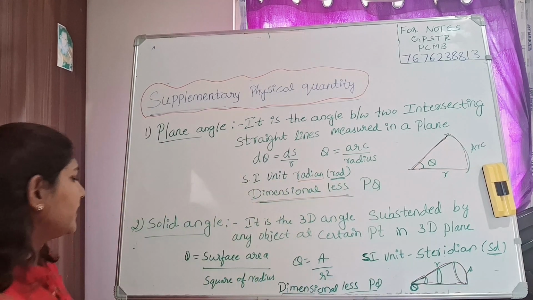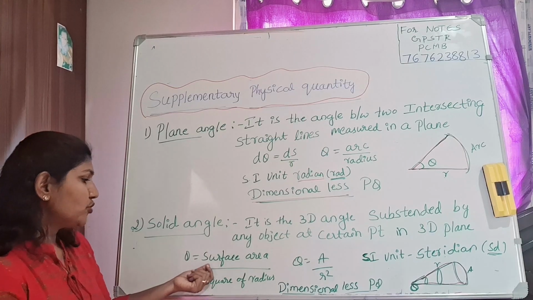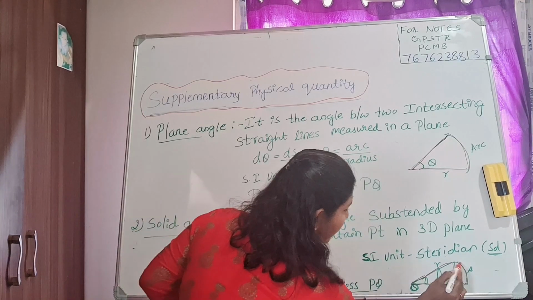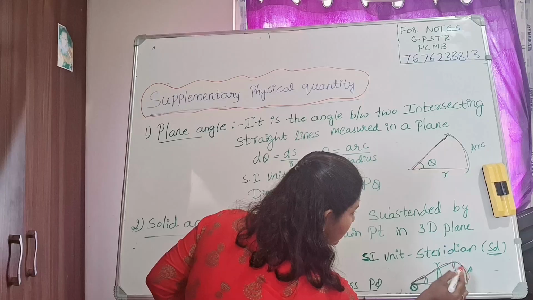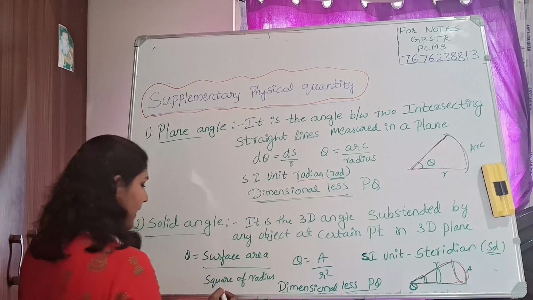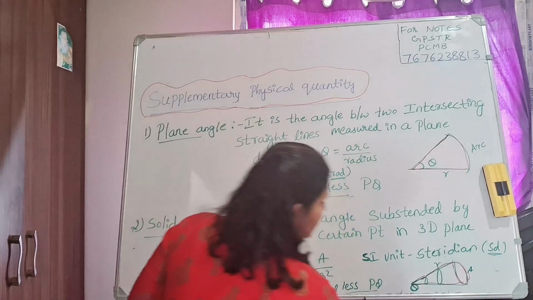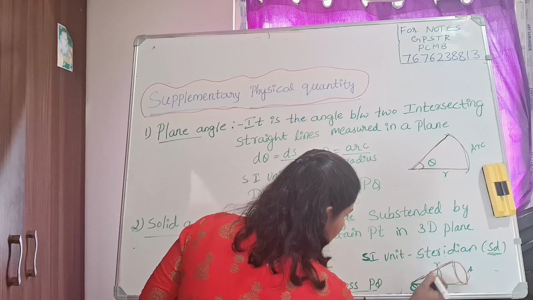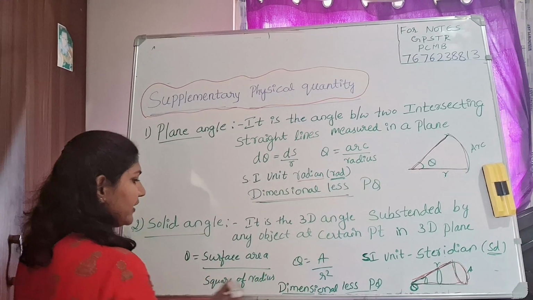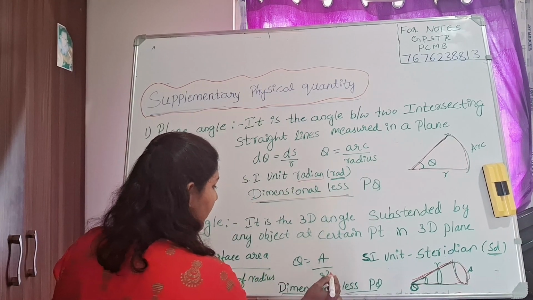What is the formula written here? Theta is equal to surface area by the square of the radius. So we can write θ is equal to A by r square.